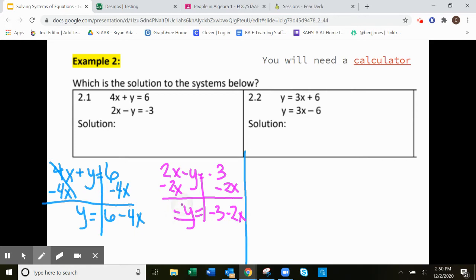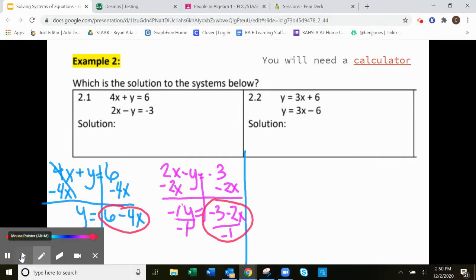So let's put an imaginary 1 there. So let's say that's negative 1. So we're going to divide everything here by negative 1. And so now what we're going to put into Desmos is this part and this part.